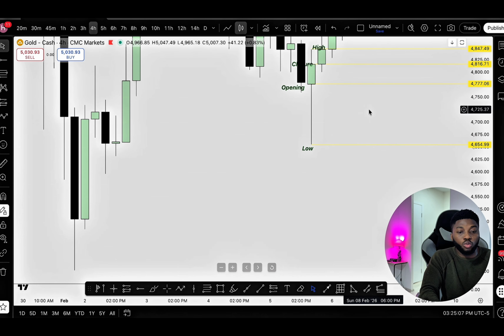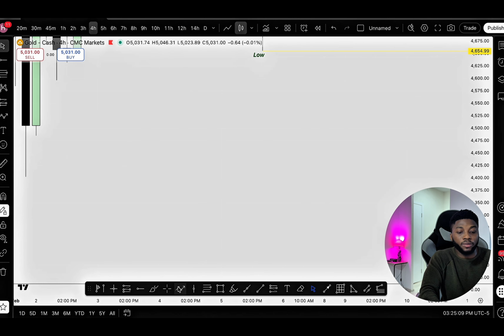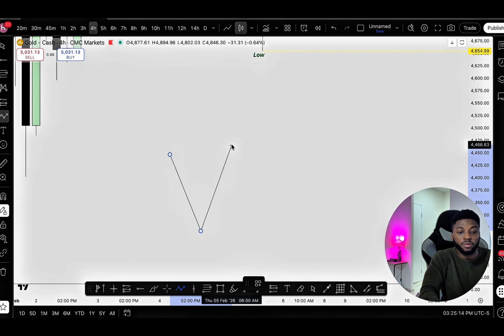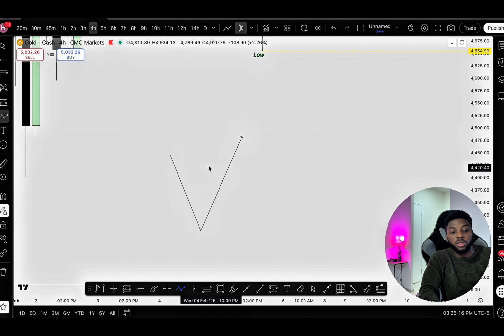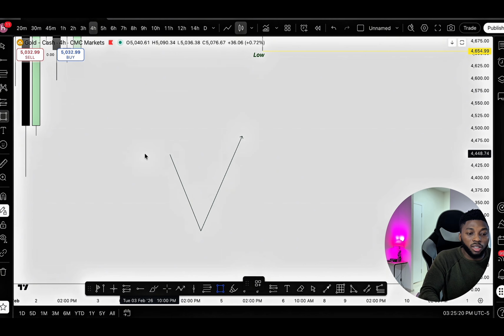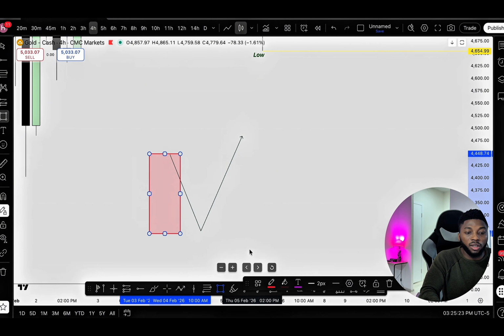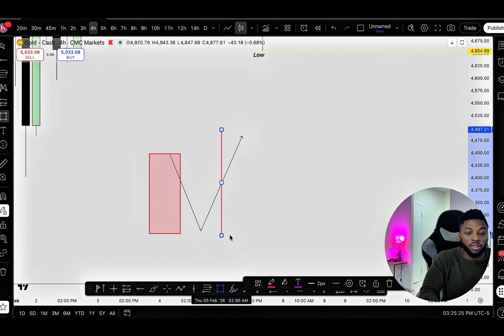So what we want to do is we want to see this. This move here represents our red candle. This is our red candle, and then this represents our green candle.